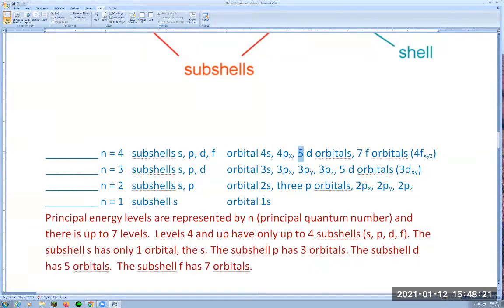The 7 f orbitals, 5 d orbitals, 3 p orbitals, and 1 s orbital only. So that means in the shell number 4, you have 4 subshells, but let's count the orbitals. The 1s orbital plus 3p, that's 4, plus 5d, that's 9, plus 7, that's 16 orbitals in the fourth shell. So that's how it is organized.